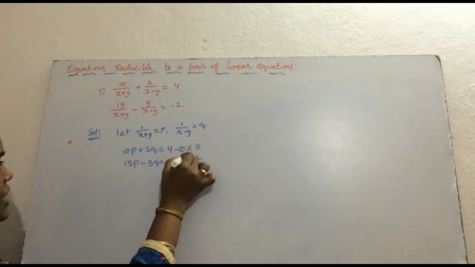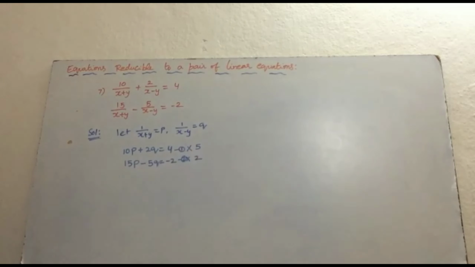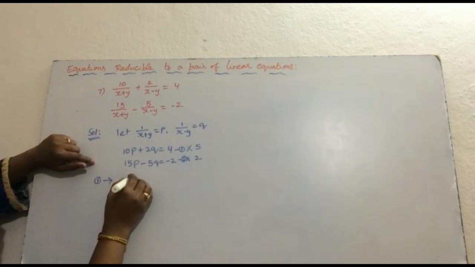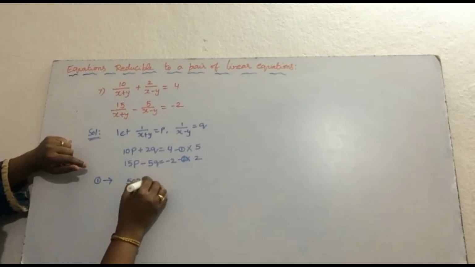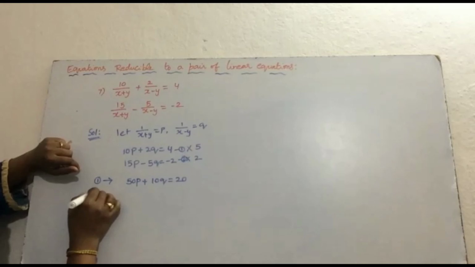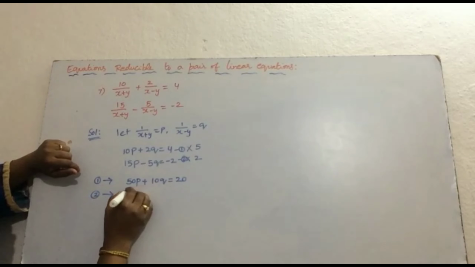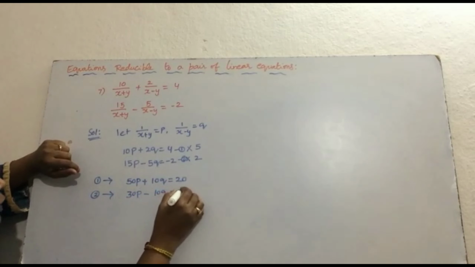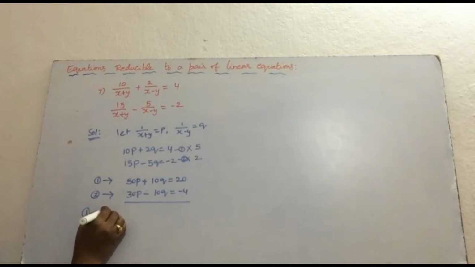Now here also the coefficients of p and q are not equal in the two equations. Then I will multiply this equation with 5 and this equation with 2. This is the first equation and this is the second equation. Now the first equation becomes 50p plus 10q equal to 20, and the second equation becomes 30p minus 10q equal to minus 4. Now we will add these two, 1 plus 2.